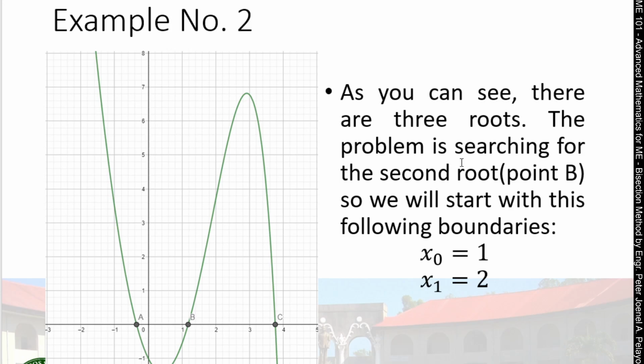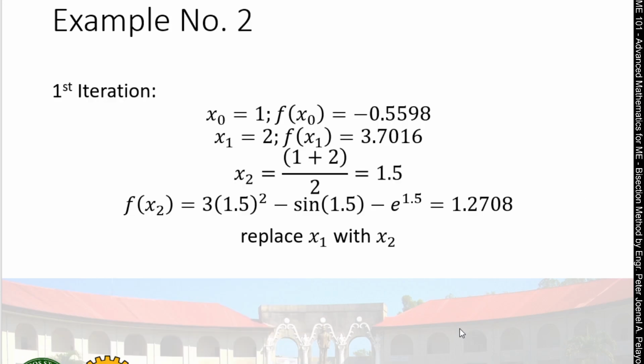So, as you can see, there are 3 roots. The problem is searching for the second root, point B. So, we will start with the following boundaries. x0 natin is 1, x1 natin is 2. So, yun yung first iteration natin. f of x0 is negative 0.5598. Okay?